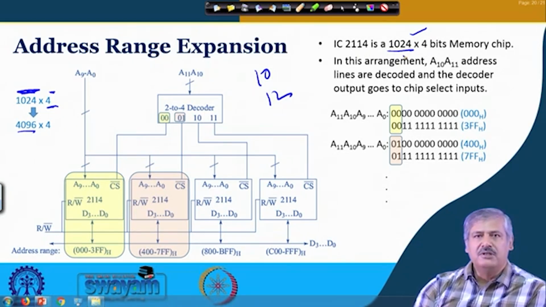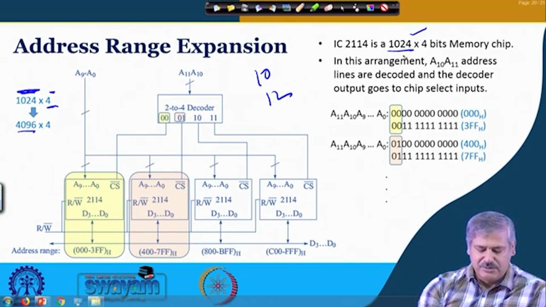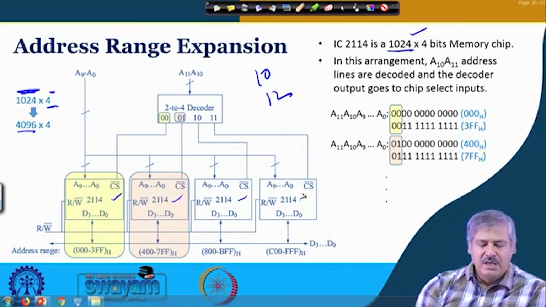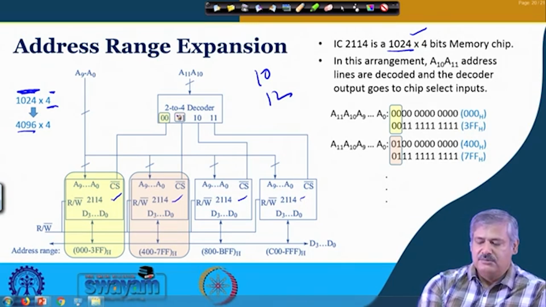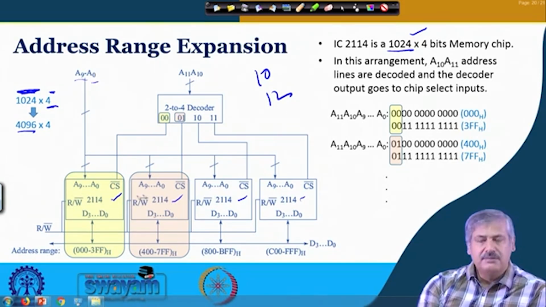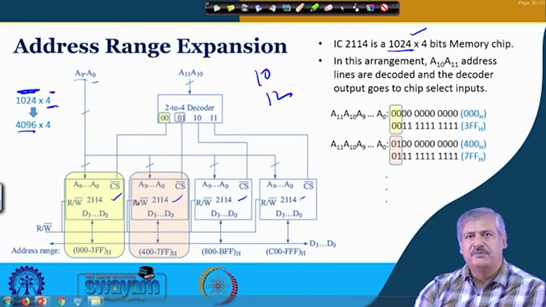You take 4 such 1K units. This is one unit, 2, 3, 4, and the lower 10 bits, A0 to A9, are there as address bit inputs to each one of these 4. So, you make it common, you connect it to all of them.